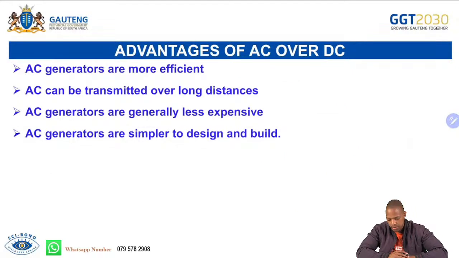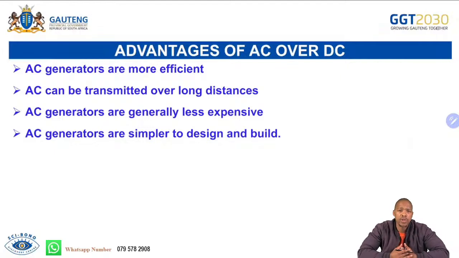Right. So now I want us to look at advantages of alternating current over DC current, or AC generators over DC generators. So some advantages, it's a lot. I've only named 4 advantages. There are a lot of advantages, and it is important that you know, because in our real life, AC current is the one that we encounter the most.